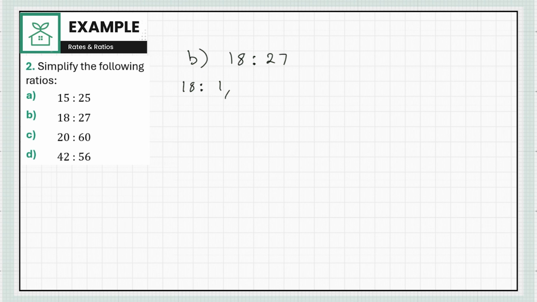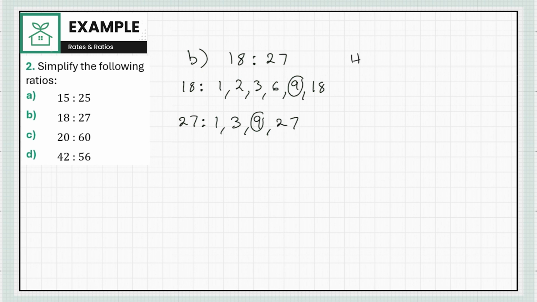So obviously we have 1, 2, 3, 6, 9, and 18. For 27, our factors are 1, 3, 9, and 27. So our highest common factor between the two of them is going to be 9.